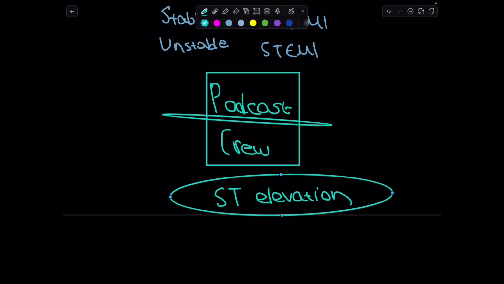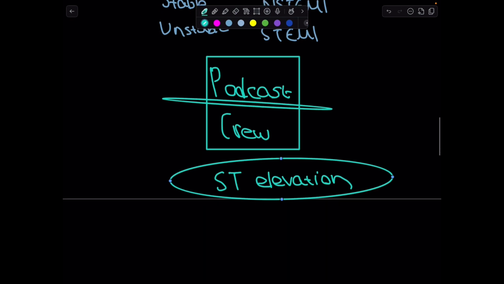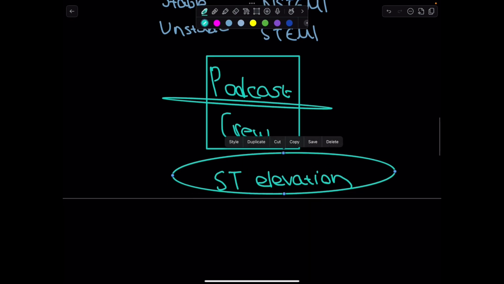Okay, so let's talk about the classification of chest pain then. So we have a typical angina, we have an atypical angina, we have a non-anginal chest pain. So let's say I think we have 3 characteristics, right?